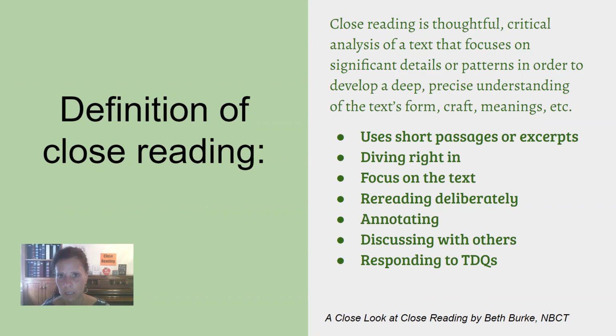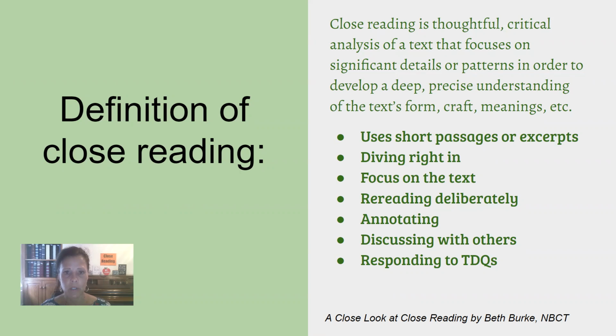You're rereading deliberately. The lesson plan I'm going to share with you, and most that I came across in my research, was that close reading entails at least 3 readings, each with a very specific purpose, very deliberate, very intentional. Close reading involves annotating, and I'm going to assume that you have already pre-taught your kiddos a key.